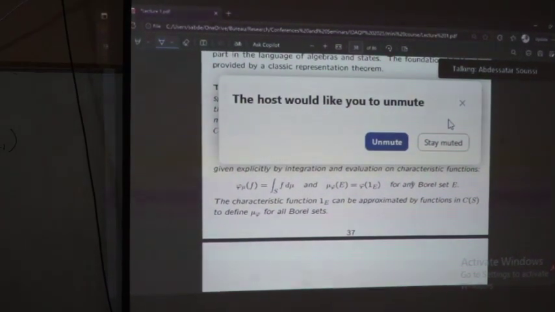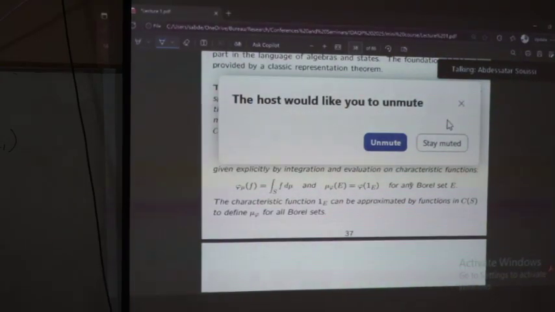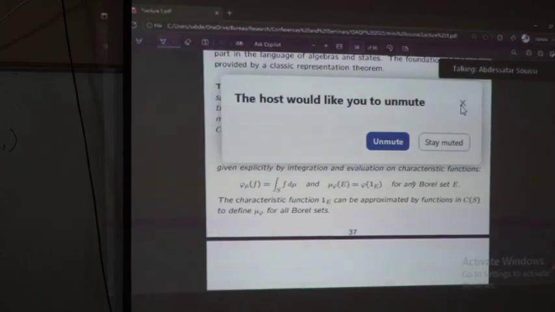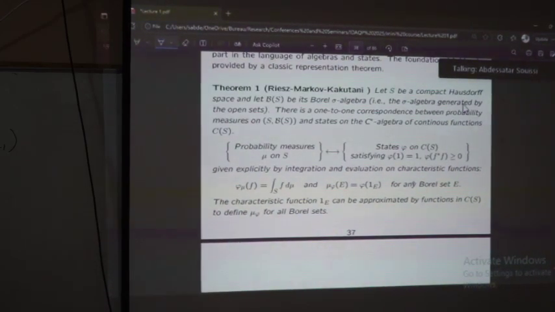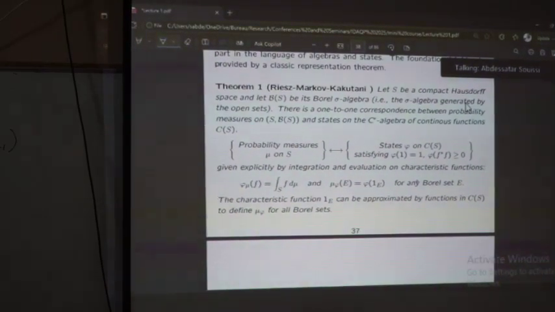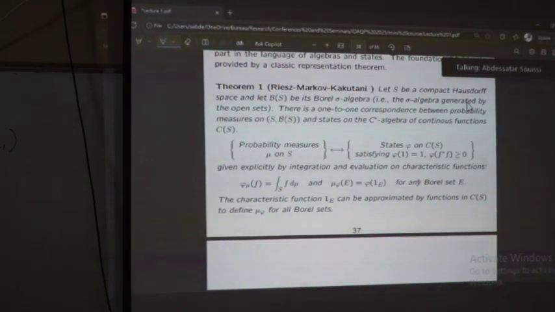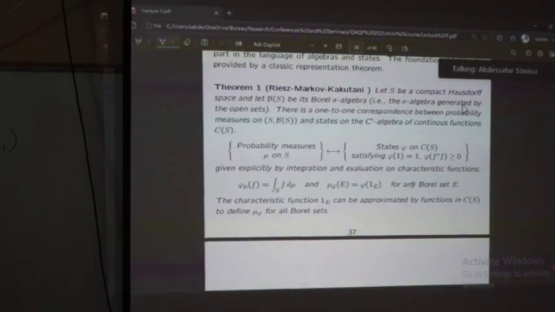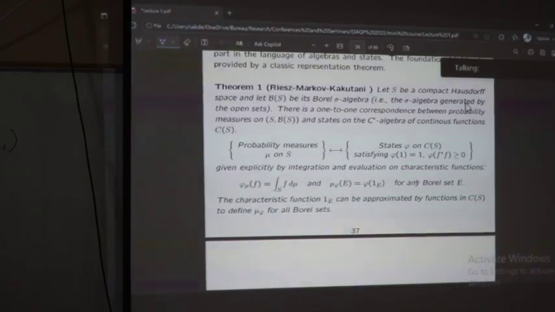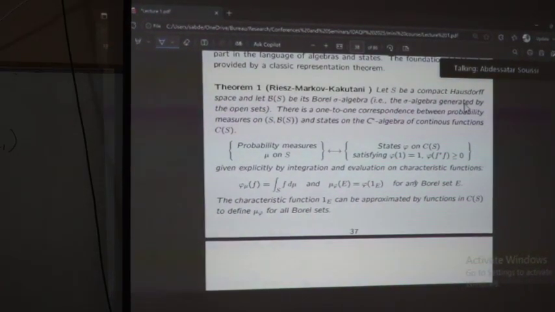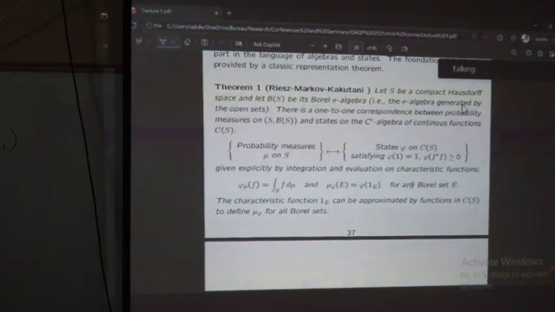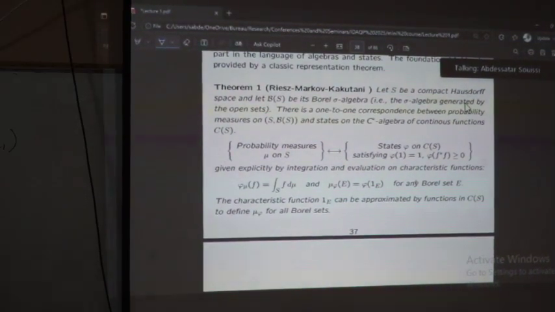Indeed, if we have a compact Hausdorff space S, and B(S) is the Borel sigma algebra, which is generated by open sets, there is a one-to-one correspondence between probability measures on (S, B(S)) and states over the C* algebra C(S). Before, you have seen the C* algebra structure of C(S).